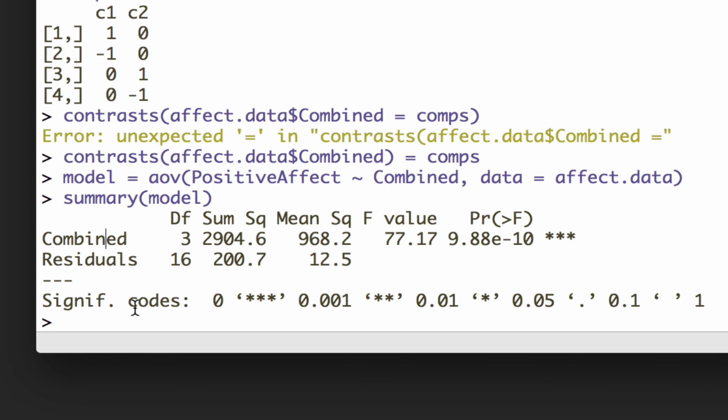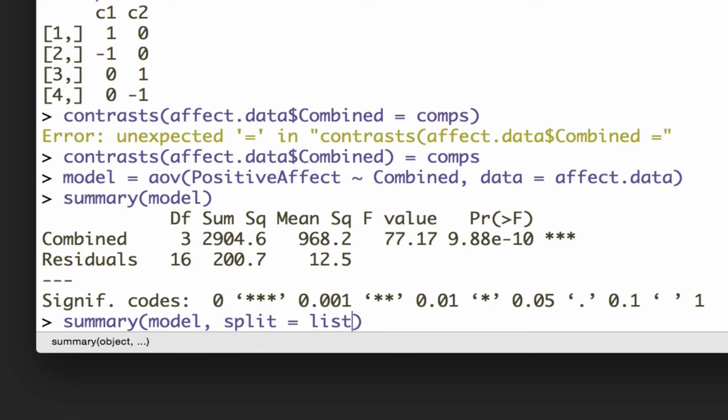So it has actually tested it, it's just not showing us it. So we need to modify this summary function slightly and say we still want a summary of the model we just created, but we want to split that summary slightly. So split, and it's going to say, well, how do I want it split? We want it split according to a list.